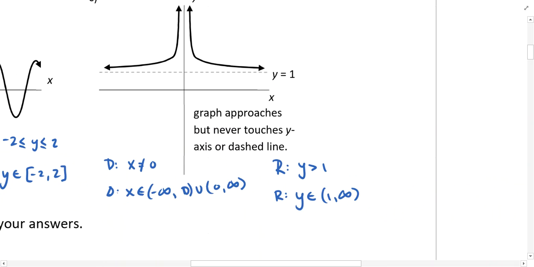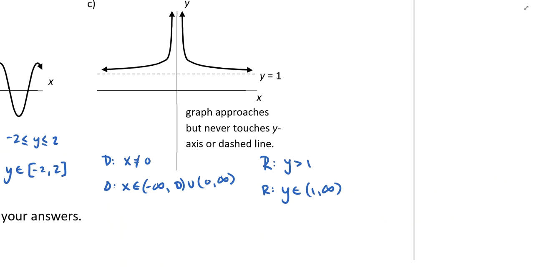For this graph, we should recognize it as an inverse squared graph that's been translated up 1 unit. It looks like all x values are in use in this particular function, but based on this additional note, we're told that the graph approaches but never touches the y-axis or this dashed line. So if it never touches the y-axis, that's when x is equal to 0. So we would say the domain is all x values where x is not equal to 0.